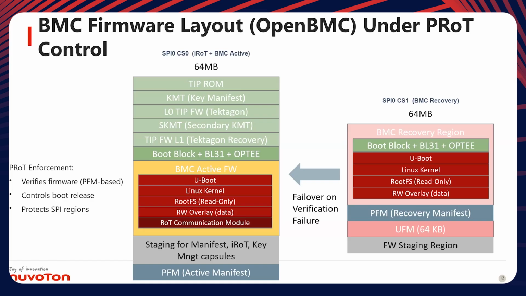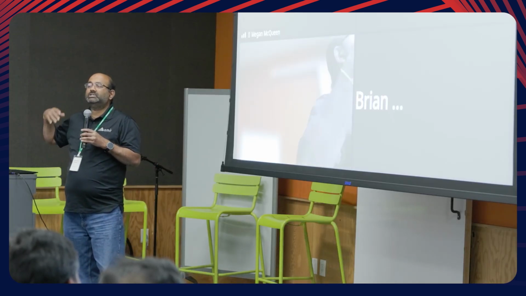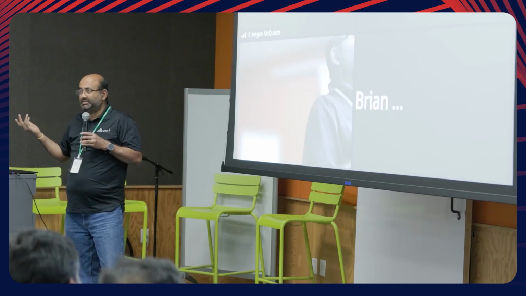Whenever the platform requires an update, we have the BMC UI or Redfish APIs flash the firmware into the staging region and then let the TIP know that there has been an update, after which the TIP will verify and perform the updates.